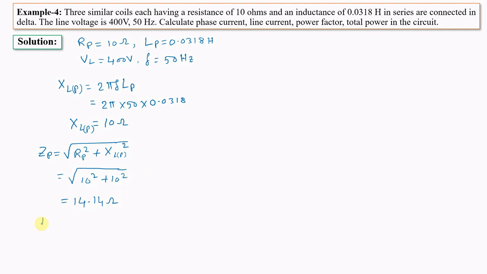The current in phase, that is the phase current I phase, is V phase upon Z phase, where V phase is equal to the value of VL, that is 400, because it is a delta connected system, and the impedance per phase is 14.14. So we'll get the phase current as 28.28 ampere.